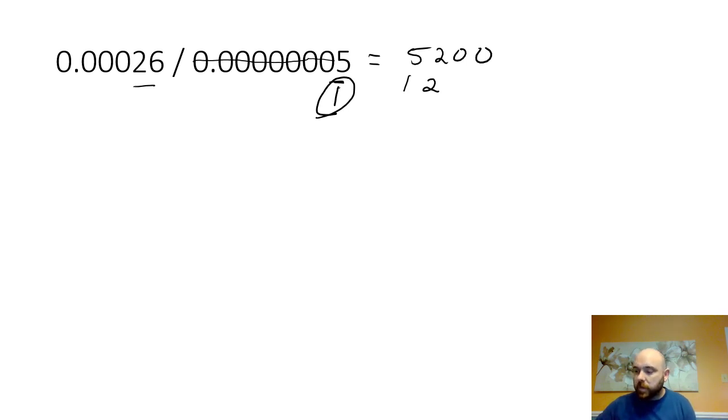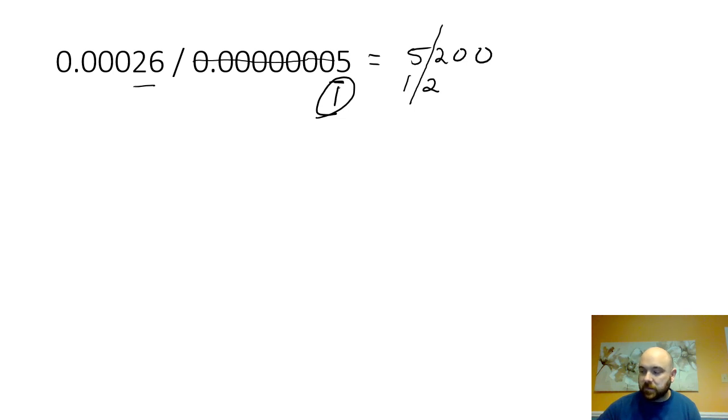We need to round at this position here to get to one significant digit. But we know in the past, because everything's been after that decimal, we've just been kind of cutting it off and throwing away. When you're on the other side of the decimal, you can't just throw all of that stuff away. You have to add zeros in. So 5,200, do we want to round it to 5,000 or do we want to round it to 6,000?